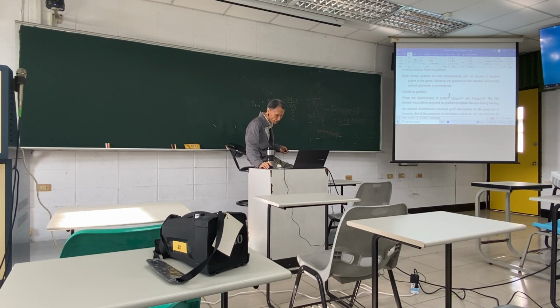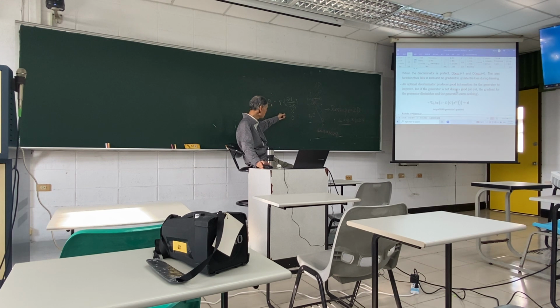But if we use the WGAN, it will be bad. That's what I'm saying. This is the gradient, and it will approach 0. That's the so-called gradient vanish, which means the training failed.